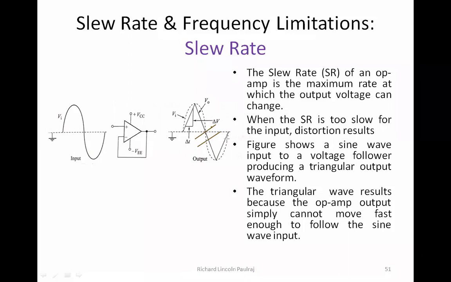So this is referring to the change in voltage. This delta V is what I'm talking about, right? So if 0.5 volts has to change, it should take about 1 microsecond. That's the meaning. You understood?